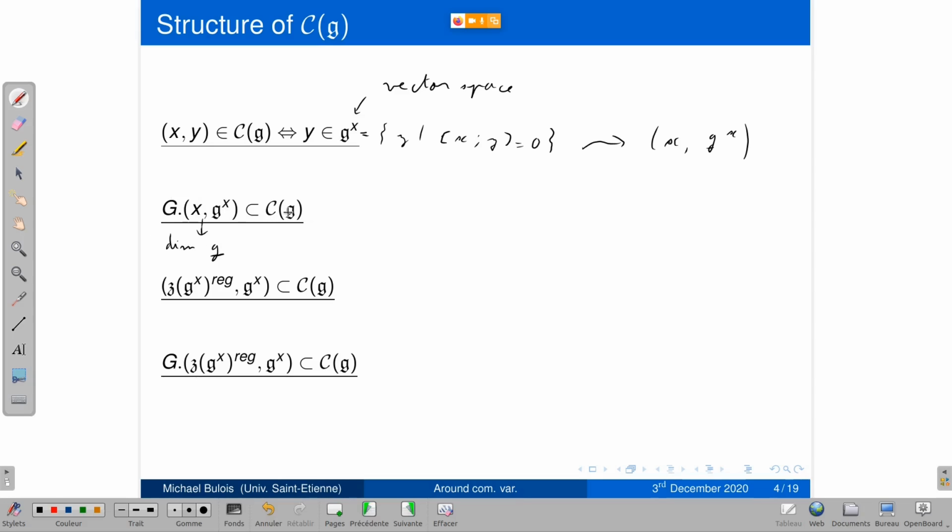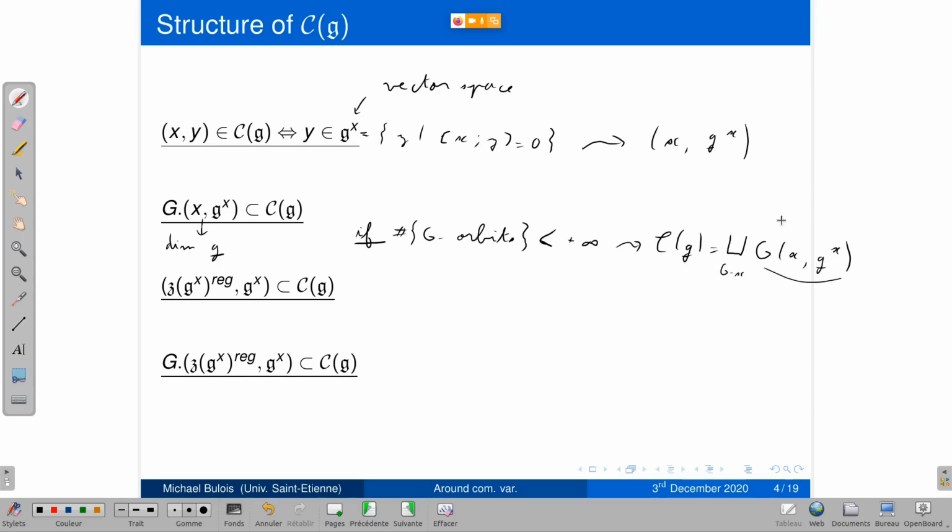Now, there is one case where this remark is important. If the number of g-orbits is finite, here it's not possible in this setting, but in some other related setting it's possible. If there are only finitely many g-orbits, then you can write C of G as the disjoint union of Gx, a union over the different orbits.